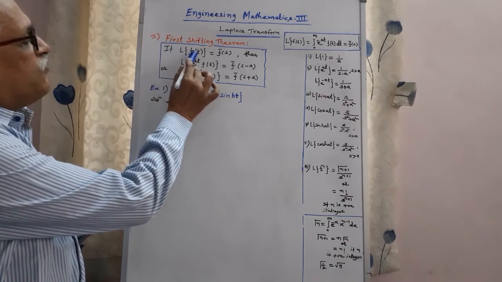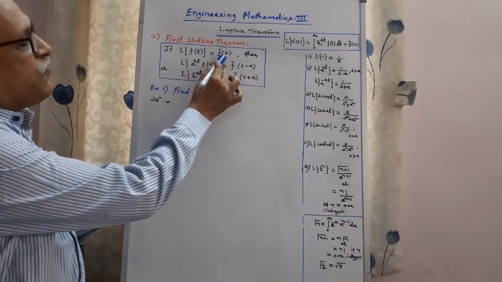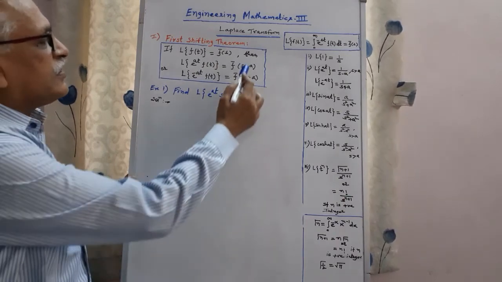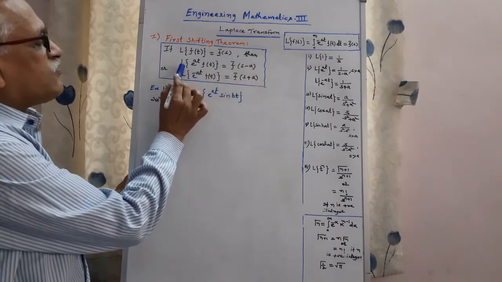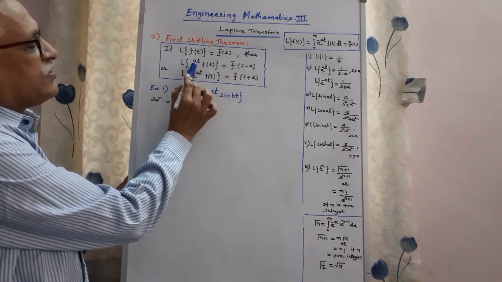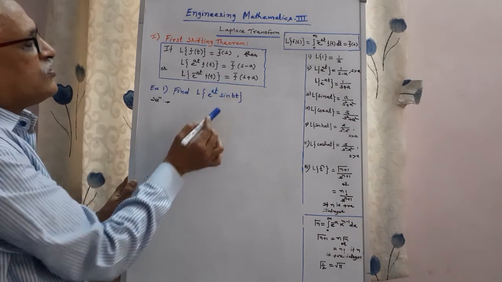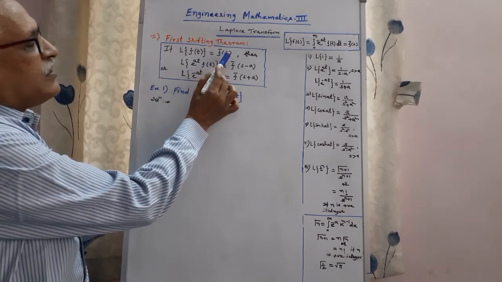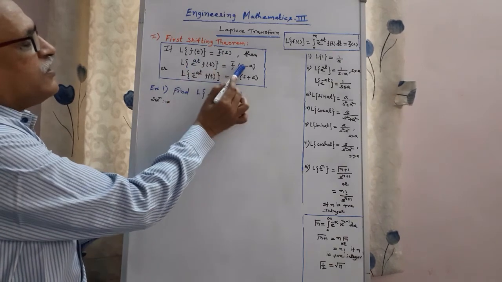If Laplace of f of t is f bar of s, given or we can obtain it, then Laplace transform of f of t multiplied by e raised to at is obtained by replacing s by s minus a.